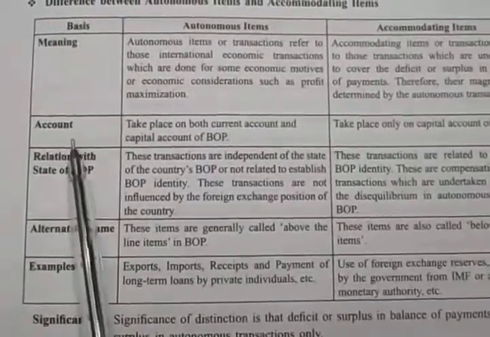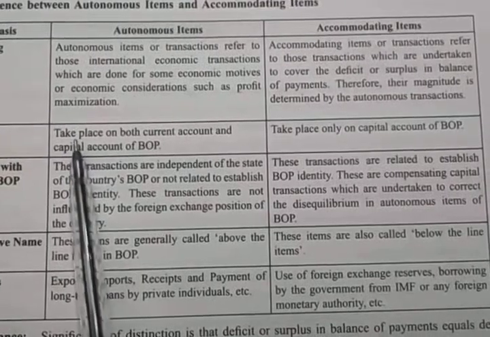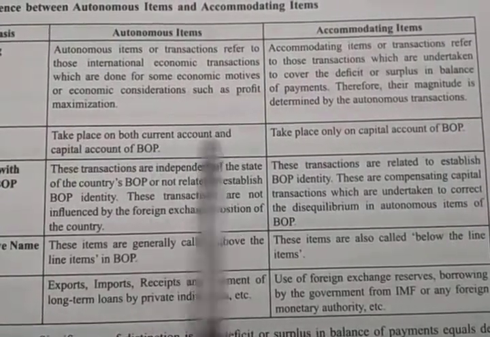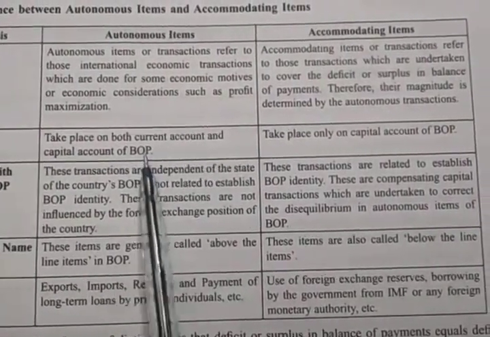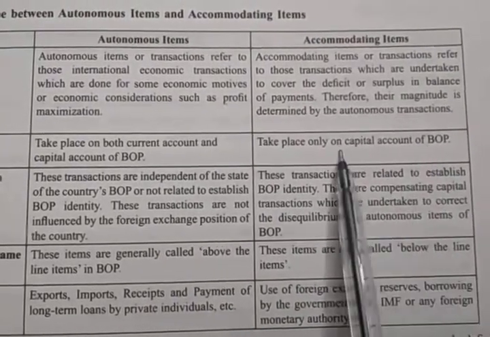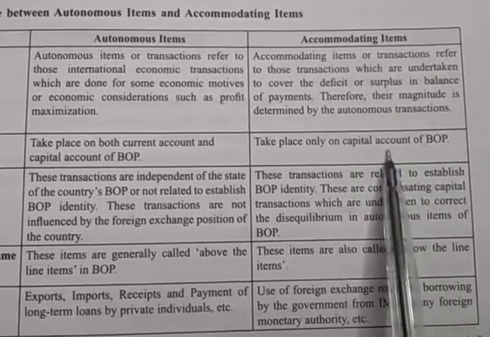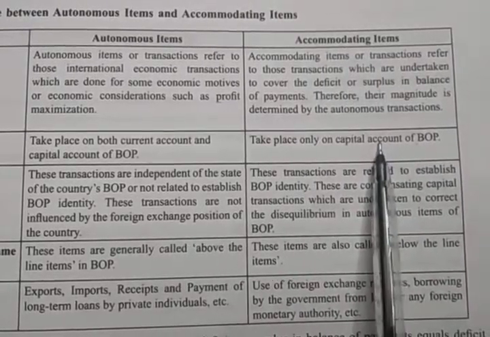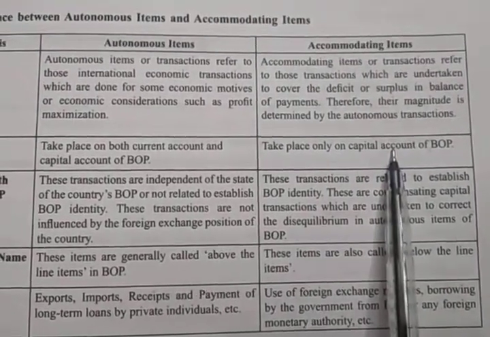Second is the account. Autonomous items take place in both the current account and the capital account, whereas accommodating items always take place only in the capital account, because the capital account includes all those transactions which affect the assets or liabilities of the country.